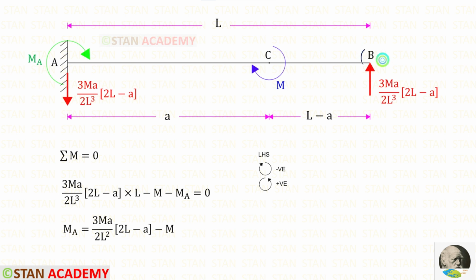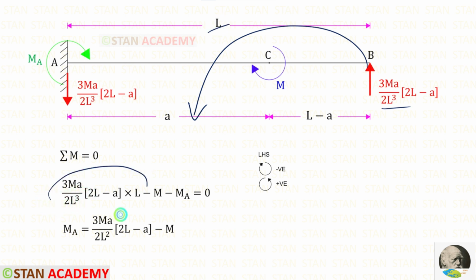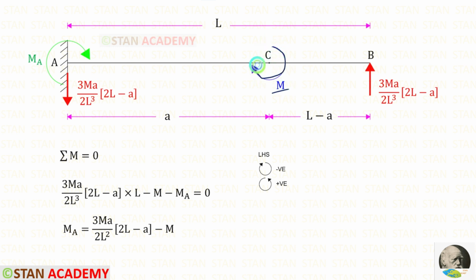Now from the point B, let us take moment about A and find MA. RB is acting in the anticlockwise direction so that it will be positive and the distance is L. The concentrated moment is acting in the clockwise direction so that it will be negative. Let us assume that MA is acting in the clockwise direction so that it is also negative.